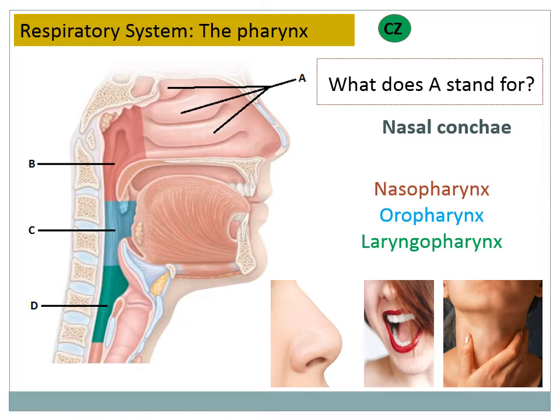We have 3 different pharynx regions. We have a nasopharynx, an oropharynx, and a laryngopharynx. Your nasopharynx is going to deal directly with your nose. Your nasopharynx is found behind your nose, so that is going to be B, your nasopharynx.